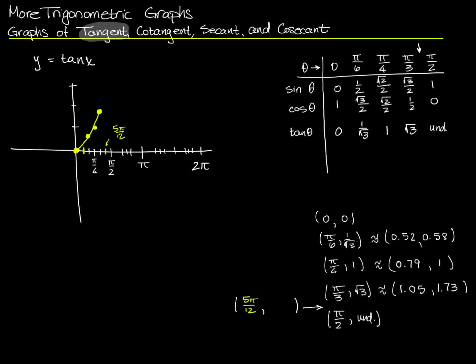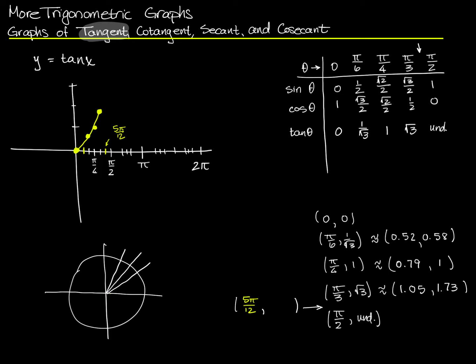Most people don't think about the values on the x-axis this way or around the unit circle this way. But if I were to draw the unit circle the way we've been drawing it, there's my 45, there's my 30, there's my 60. So this is pi over 6, pi over 4, pi over 3.